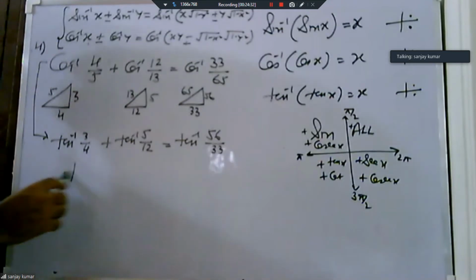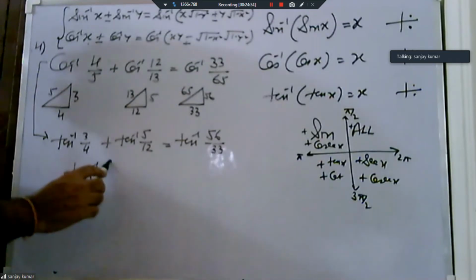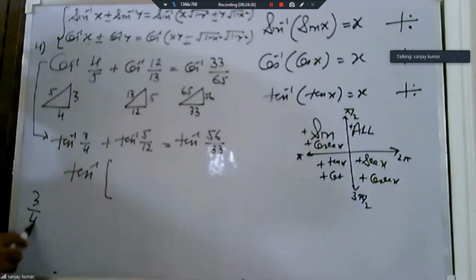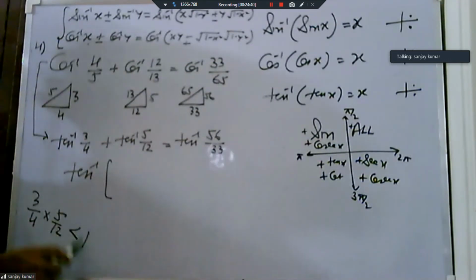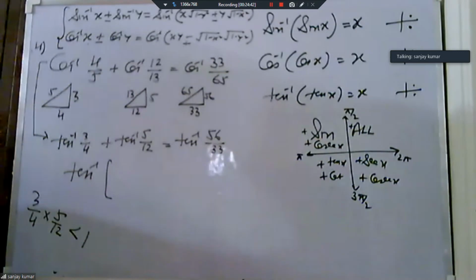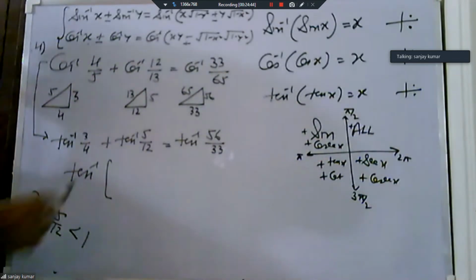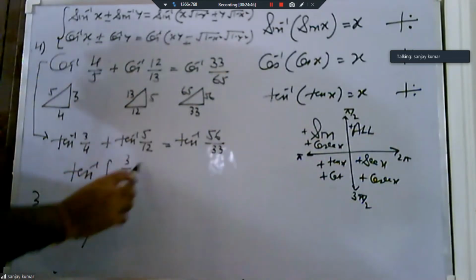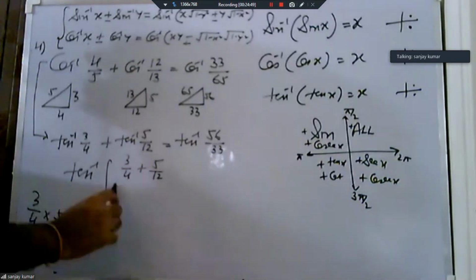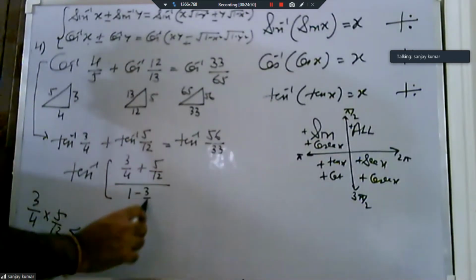Now when you apply the tan inverse formula, every time you check whether the product is less than 1. It should be less than 1. If it is greater than 1, then the formula changes. Now this is 3 by 4 plus 5 by 12 upon 1 minus 3 by 4 into 5 by 12.